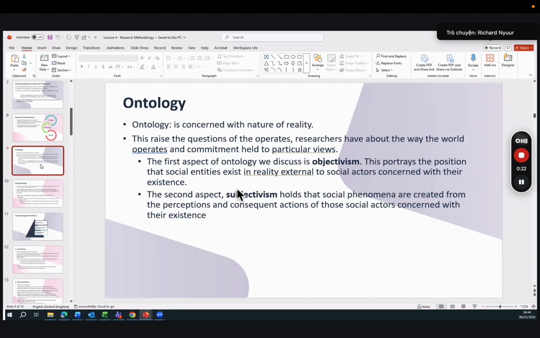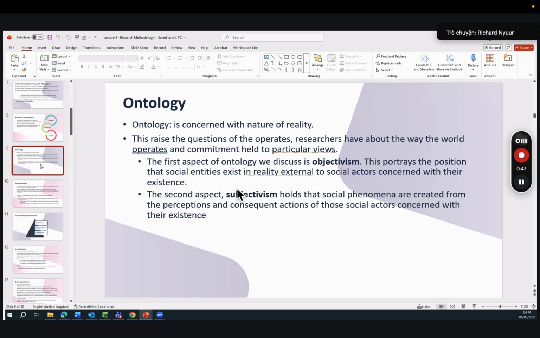Usually, researchers will wonder what type of information or approach would explain reality, will better explain what is real, what is reality. And there are two main aspects to that.